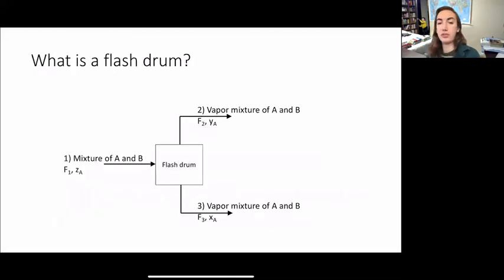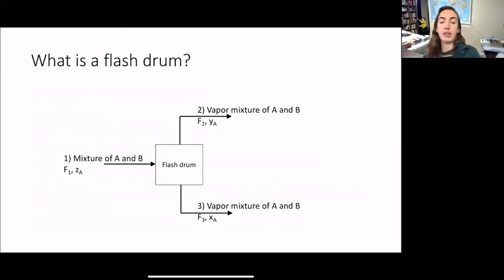So going on to the actual material for this discussion. What we're studying right now is flash drums. A flash drum is where we have some mixture of A and B. That could be water and octane, which was the example from the lecture this morning, but it could be any mixture of two substances.